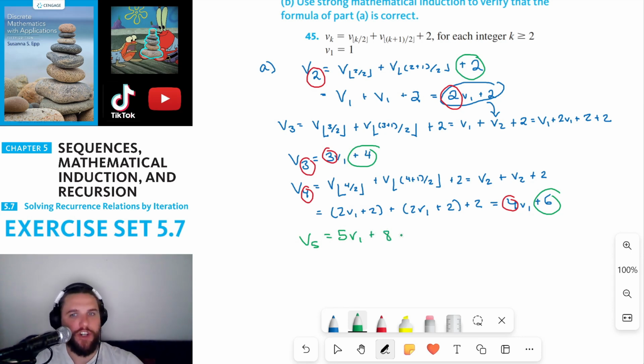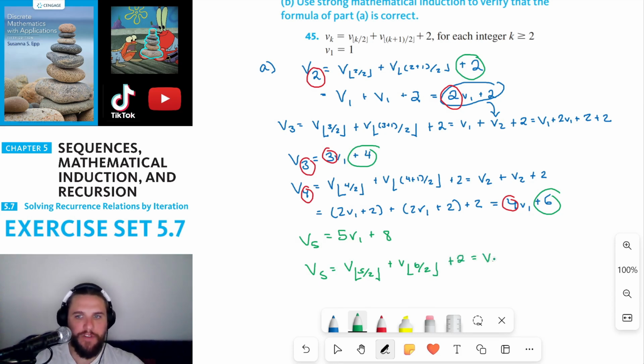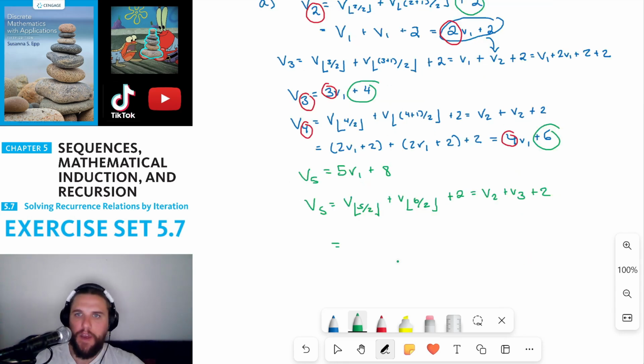But just to make sure, let's see if this is true. V sub 5, according to the recursive formula, is v sub the floor of 5 halves plus v sub the floor of 6 halves plus 2, which is just v sub 2 plus v sub 3 plus 2. Now v sub 2 was 2 v sub 1 plus 2, and v sub 3 was 3 times v sub 1 plus 4, and then plus 2.